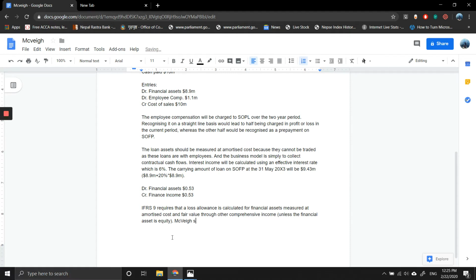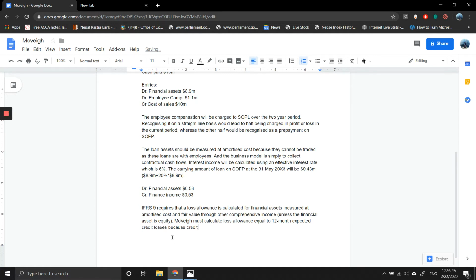McVeigh must calculate a loss allowance equal to 12-month expected credit losses, because the credit risk has not increased significantly, right?